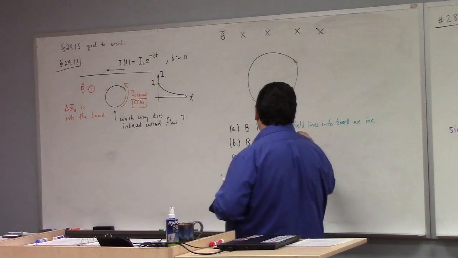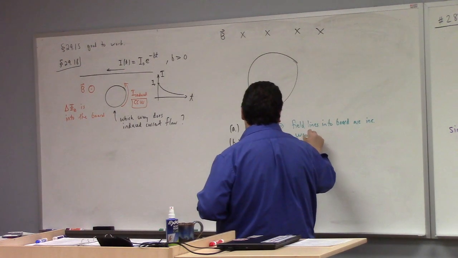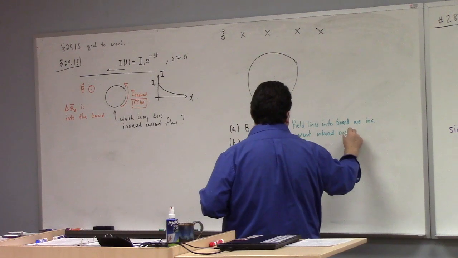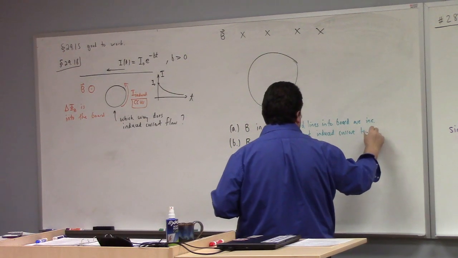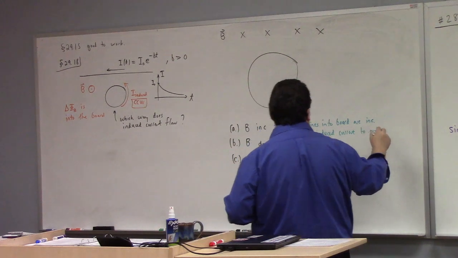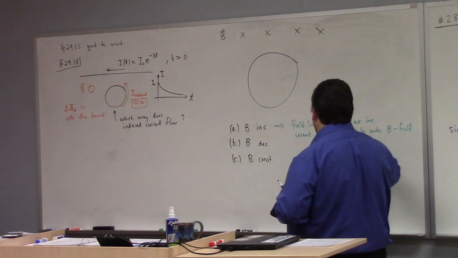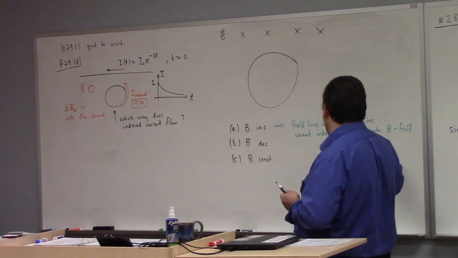So you want the induced current to make a B field not into the board but out of the board.